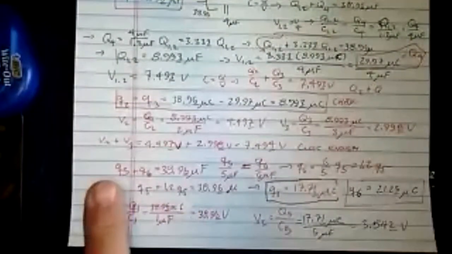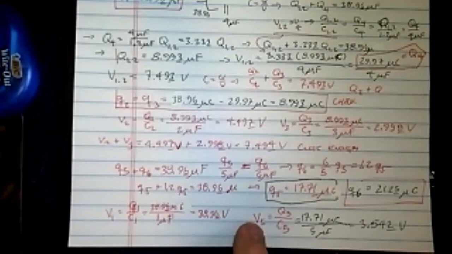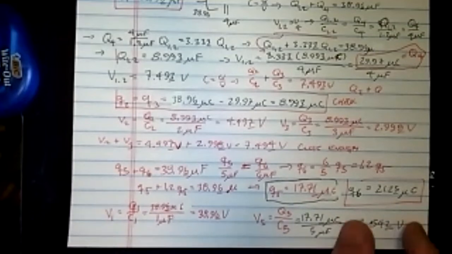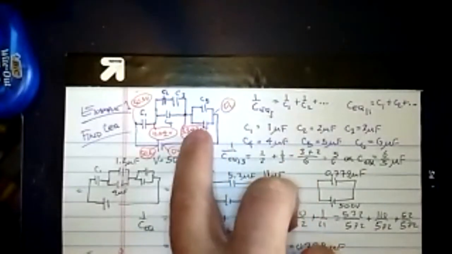So I got Q5, I got Q6, there's Q5, there's Q6. I was even able to go back and figure out the voltage across 5, which is the same as the voltage across 6. And I saw that that was exactly how high above 0 volts we are when we got to that bubble right there.